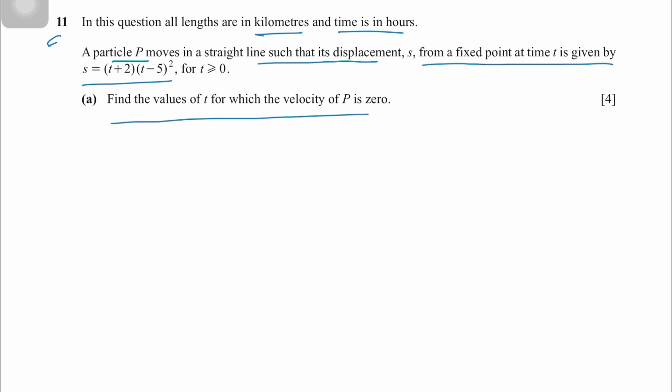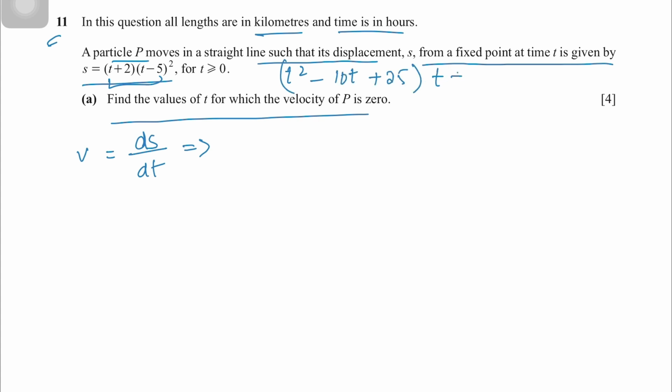To calculate the velocity, we need to take the differentiation of displacement. So ds upon dt is basically velocity, right? For ds upon dt, we have to solve this first. And this would be t minus 5 whole squared is t squared, negative 5 into 2 is 10t, then this is 25.